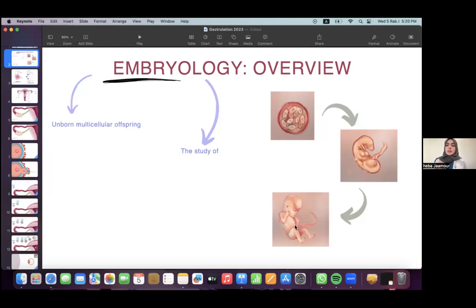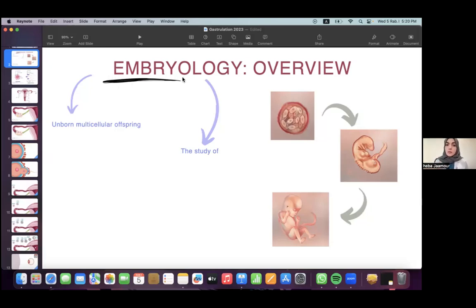Whenever there is a difficult word that you are not familiar with, a very good thing to do is to divide it into smaller words for you to easily grasp them, okay? An example of that is, let's say you don't know what embryology is. We can divide this big word that you have no clue what it is into two smaller words.